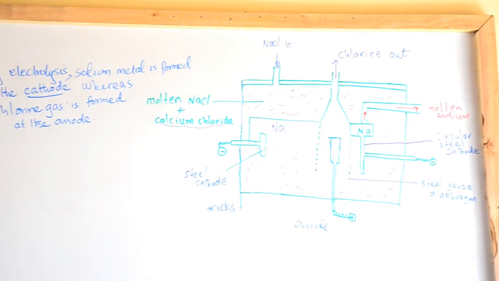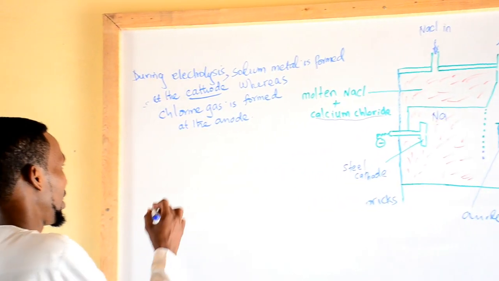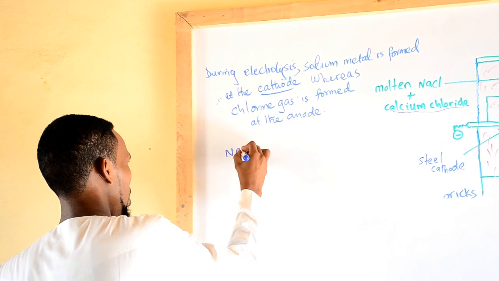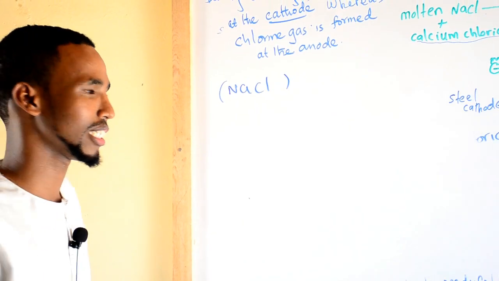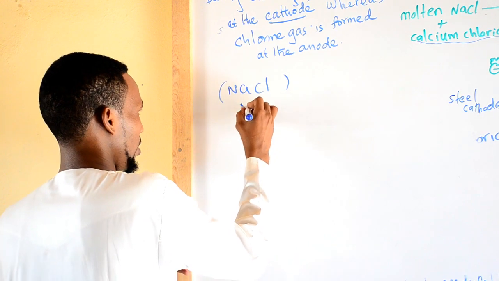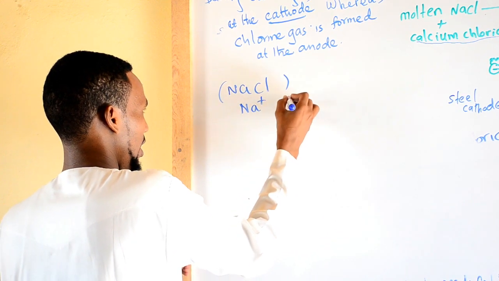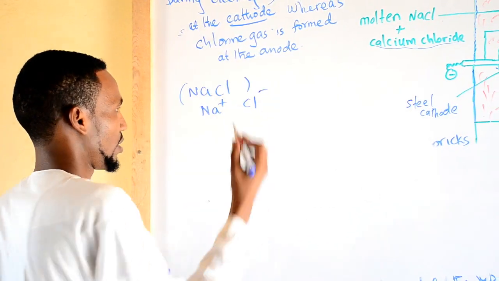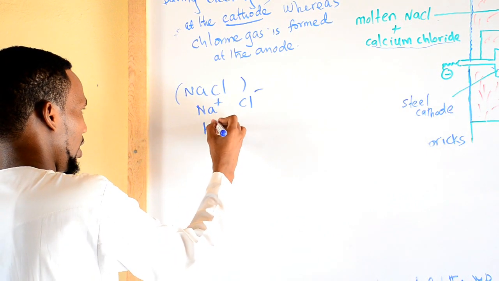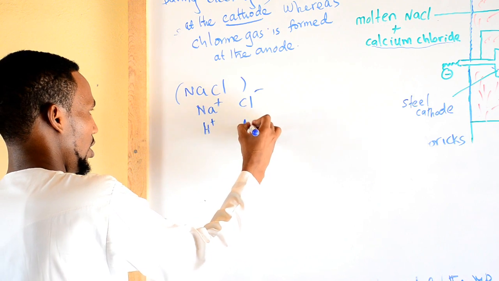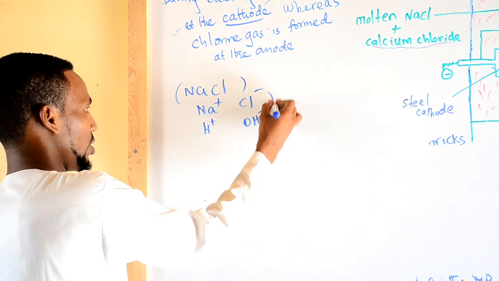How does this happen? Molten sodium chloride contains two ions, a sodium ion and a chloride ion. And then we also have the electrolysis of water, hydrogen ion and hydroxide ion.